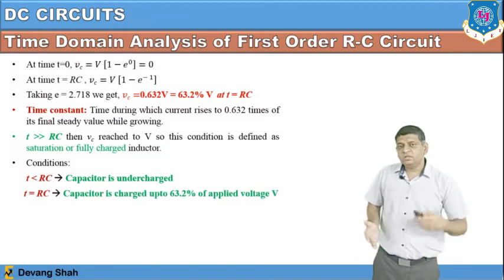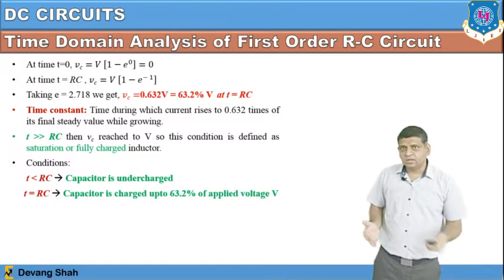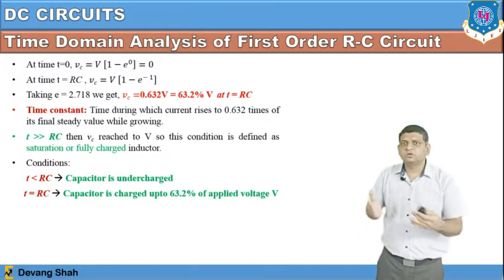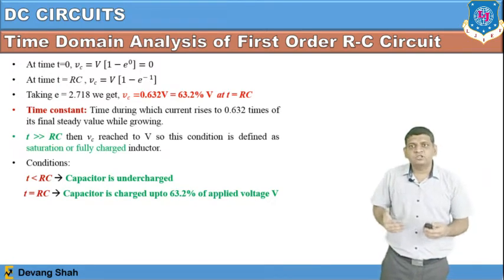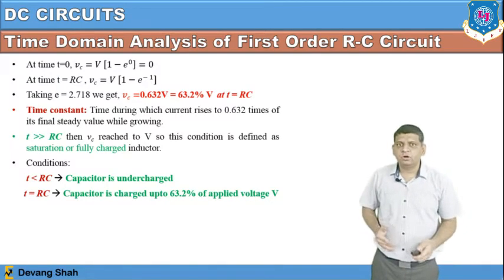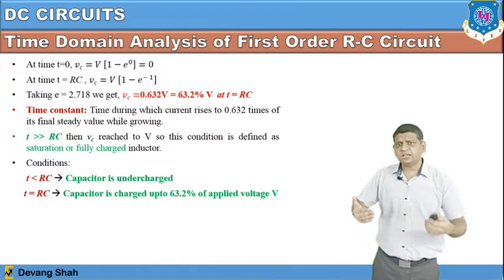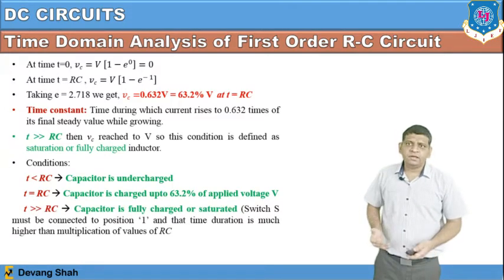The next is the position of the switch at time t equal to RC. At this time, as we just went through in the equation and its values, the capacitor is charged up to 63.2% of the total applied voltage. But to fully charge the capacitor, you must take t much greater than RC.